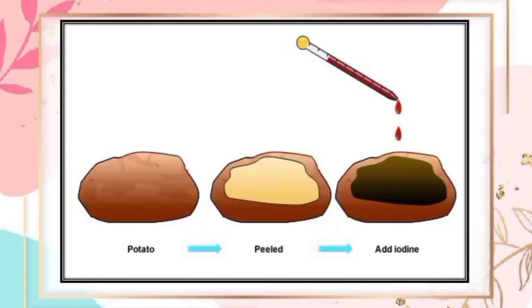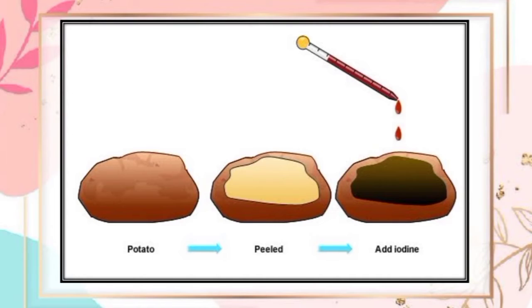Now let's understand an experiment. The aim is to test for starch. Things needed are a potato, a dropper, and iodine solution. Method: first step, slice a potato into two.